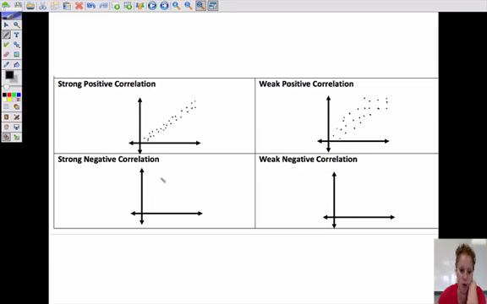A strong negative correlation is just the opposite. When the points are going down, as one increases, the other decreases, and they're close to a line. And a weak negative correlation is just the opposite of a weak positive, where they're going down, you can tell that's the trend, but they're not closely related to a line.